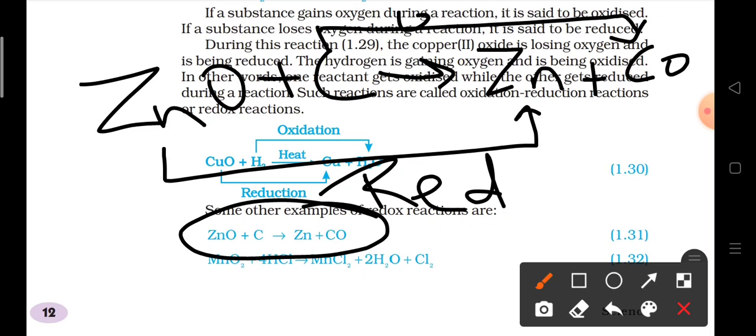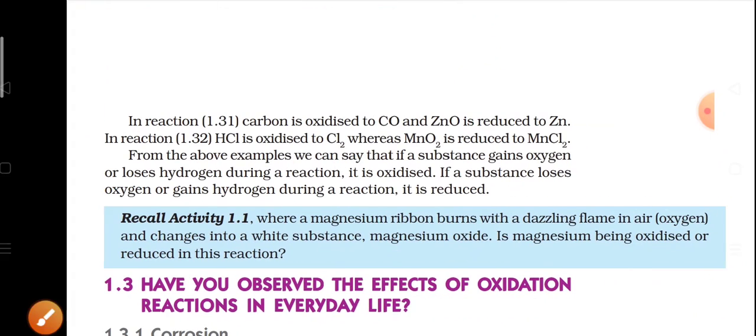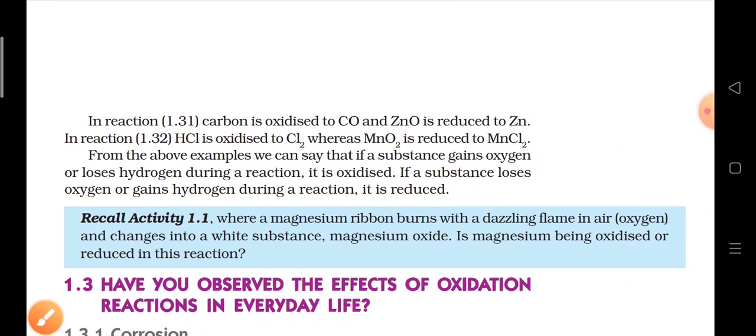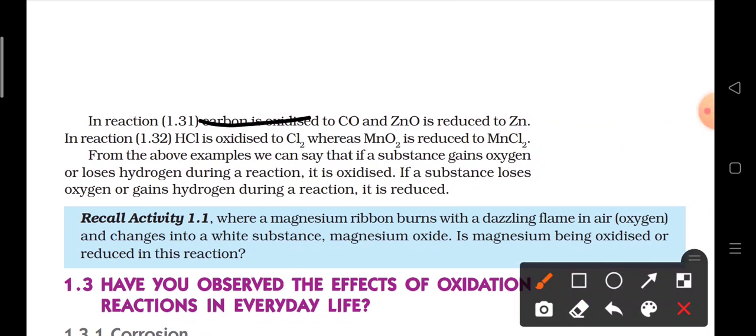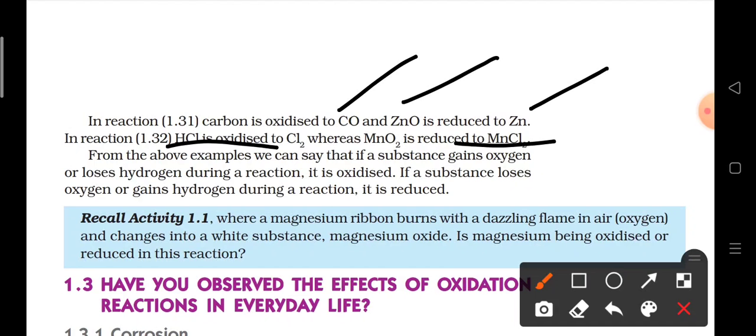Okay, so the reduced substance is zinc oxide and the oxidized substance is carbon. Clear? So it is written over here, the carbon is oxidized to carbon monoxide and zinc oxide is reduced to zinc.